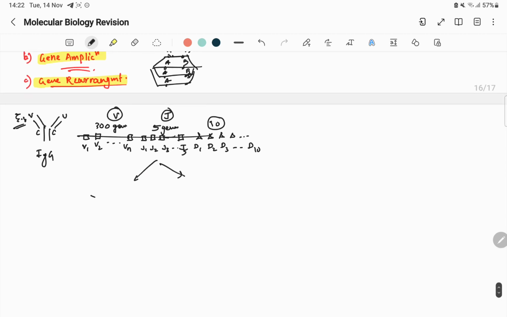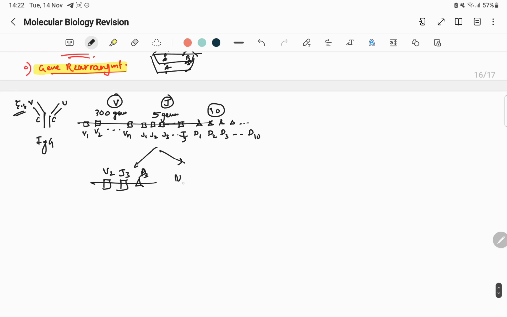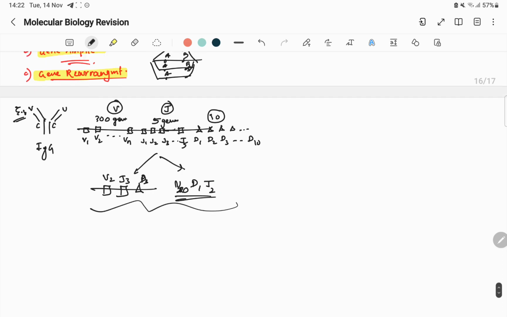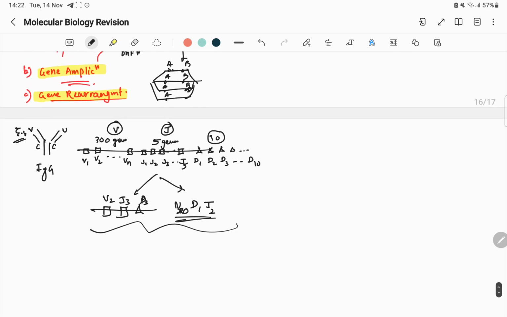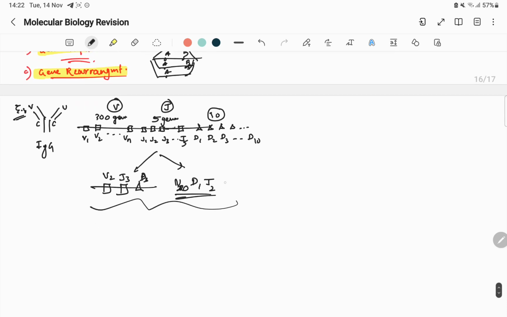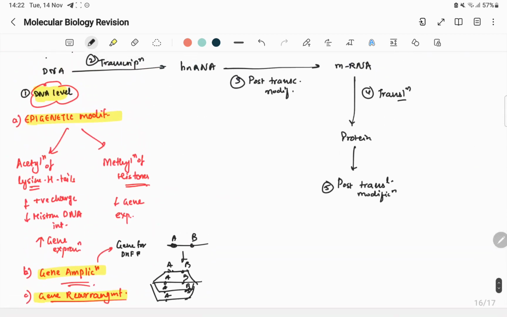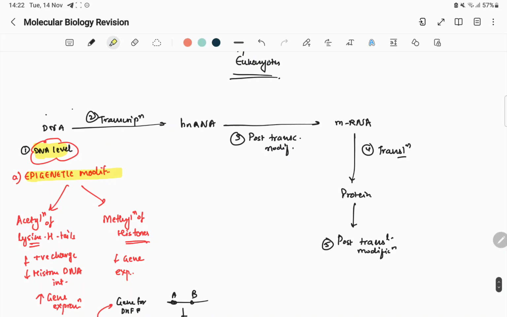So from this various combinations can be generated, like V2, J3, D3, or V20, D1 and J2. This is one combo. So many combinations can be generated, which will produce different light chains for IgG. So these are the changes and regulation at the DNA level.